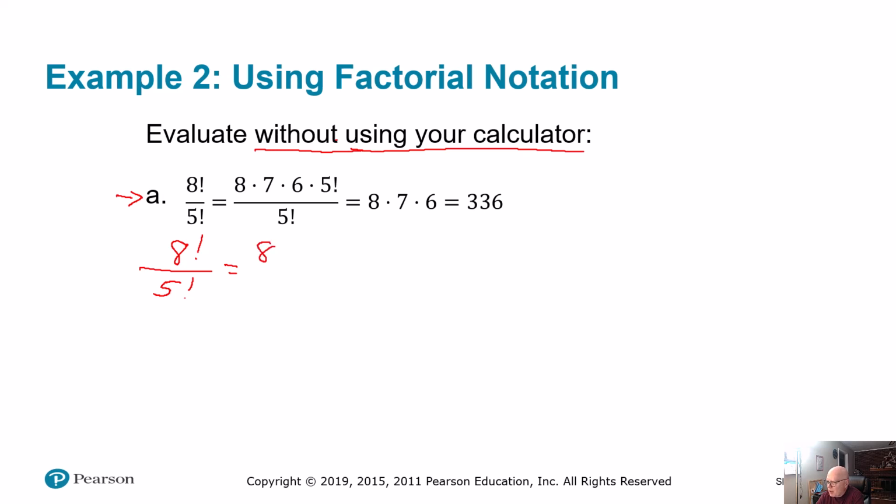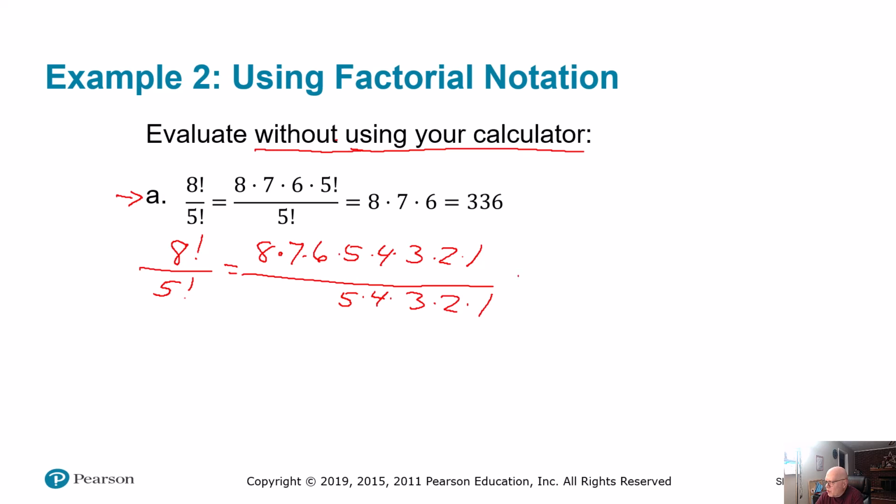So this is 8 times 7 times 6, 5, 4, 3, 2, and there's a 1. That's 8 factorial. On the bottom, we have 5 factorial, 5 times 4 times 3 times 2 times 1.